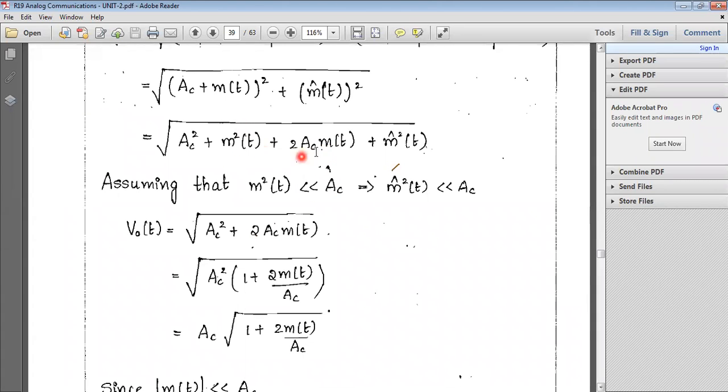If you take AC square common, it becomes 1 plus 2 m of t by AC.